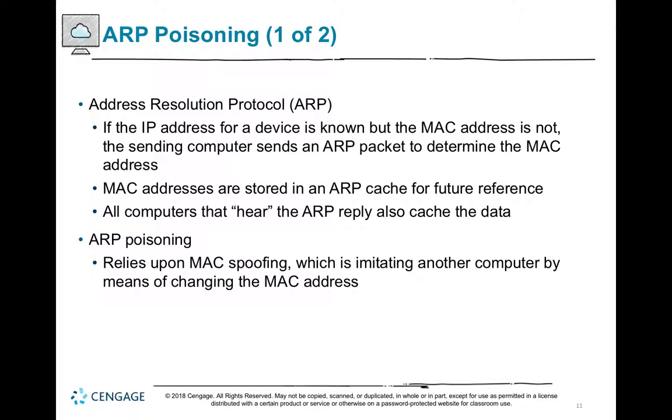ARP poisoning then relies on spoofing. When that broadcast message goes out and all computers on that subnet hear it, the attacker, given that they're on the same physical Ethernet-connected network, sees the ARP request and replies, saying, hey, that's me, even though it's not them, and here's my MAC address.